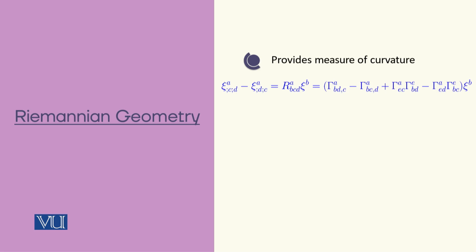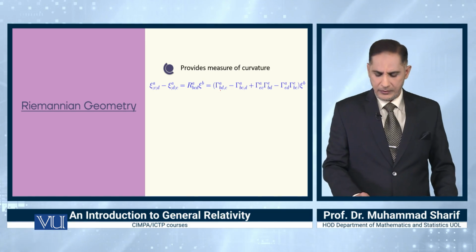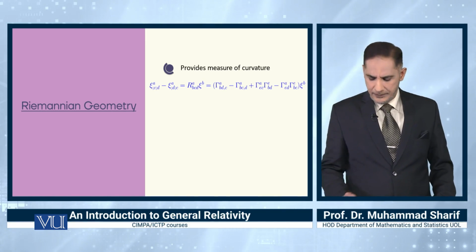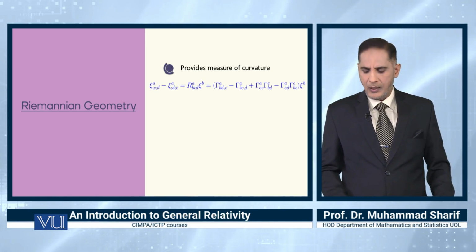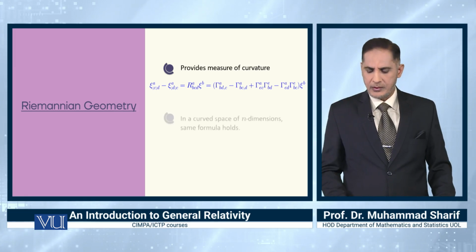So, this is the quantity which is measured on curved space through one point, and this is another point, and when we take the difference, if this difference is 0, then we have flat, and if this difference is non-zero, then we have a curvature tensor. I am not going into the details of how it is derived, I am just putting the expression here.